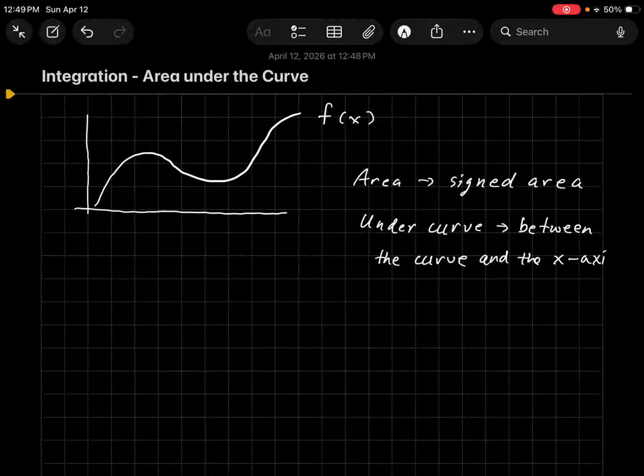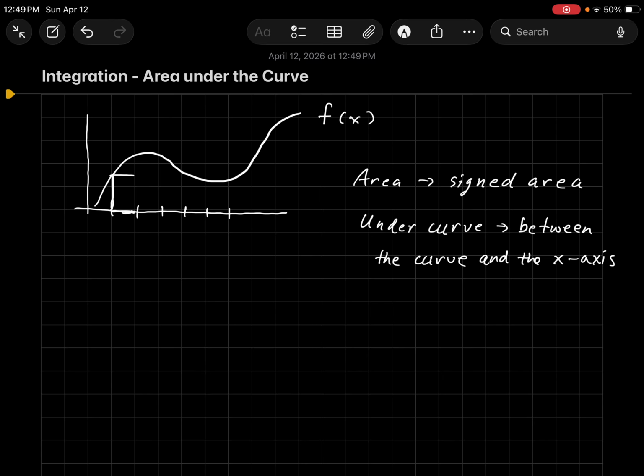With Riemann sums, just a quick reminder, I'm going to do some subintervals and a left-hand Riemann sum, meaning I'm going to draw my rectangle on the left side.